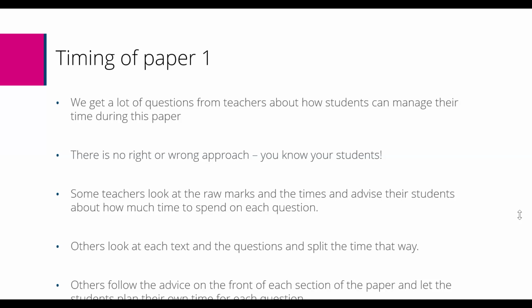And sometimes they can spend too much time on it because they know it and they've studied it and they've got a lot to say. And then perhaps that might affect their score on question 5, which is a 22 marker. So they can go one of two ways, perhaps, with question 4 on the text they've studied, the AO2 question on paper 1.